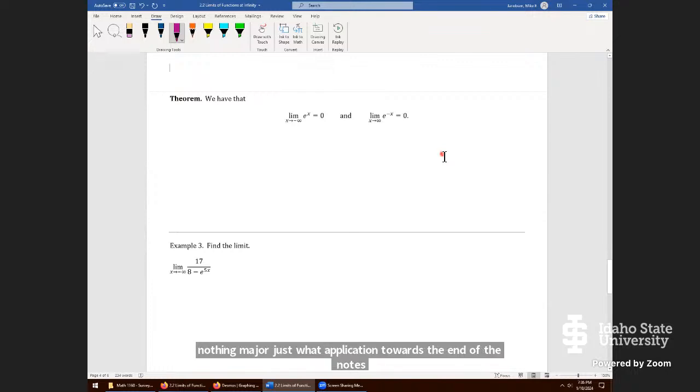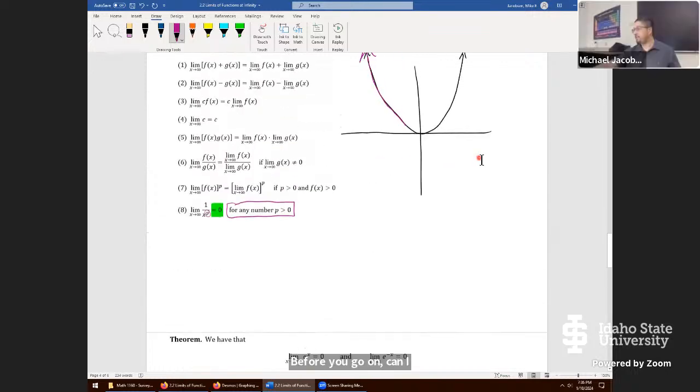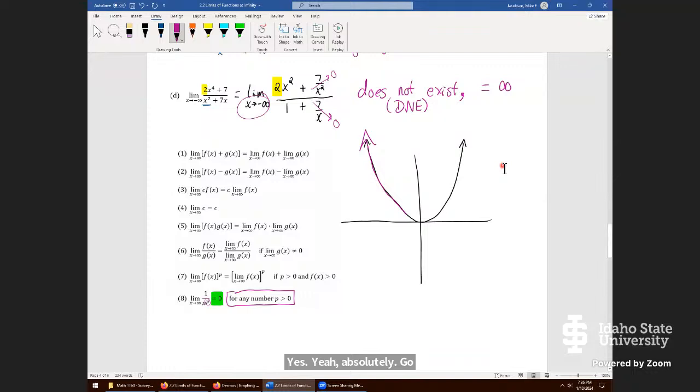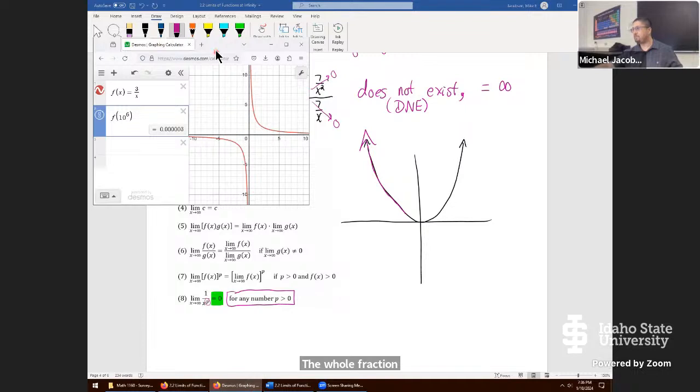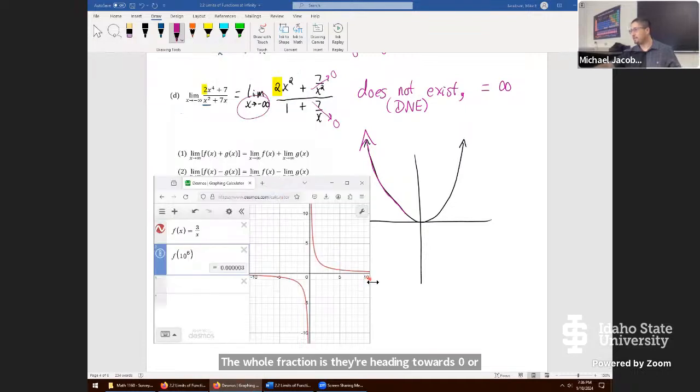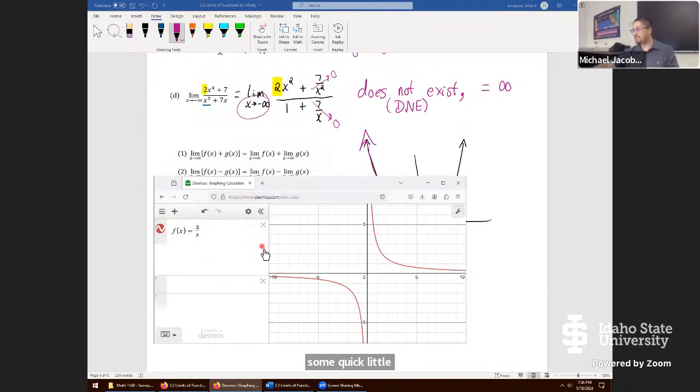Before you go on, can I ask another question? Yeah, absolutely. If they don't have a denominator, why wouldn't they have a limit? One way to think about it is the reason the limit exists is because the denominator is getting so large, the whole fraction is either heading towards zero or heading towards just a number. So say, for example, a quick different problem along those lines.